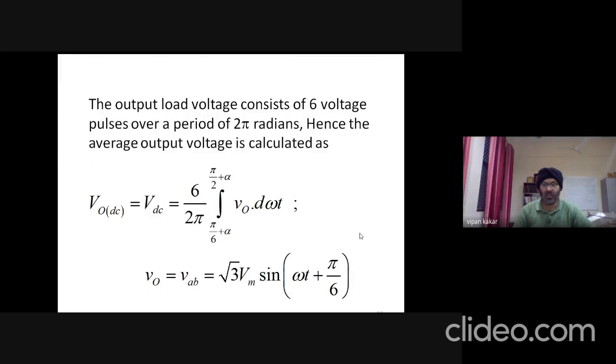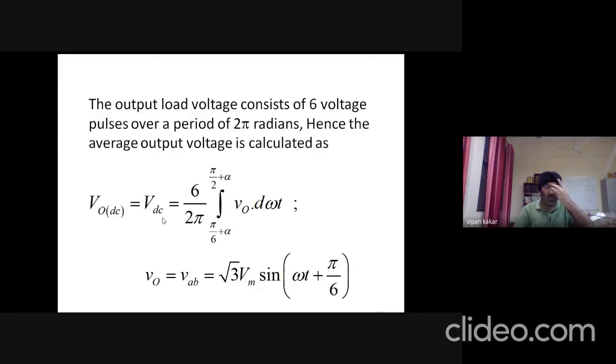So now if we want to derive the DC voltage, which we already have done for the half-wave rectifier or full-wave rectifier, we want to do it for the three-phase rectifier also. And we know that we have 6 pulses in one cycle, which is 0 to 2 pi.